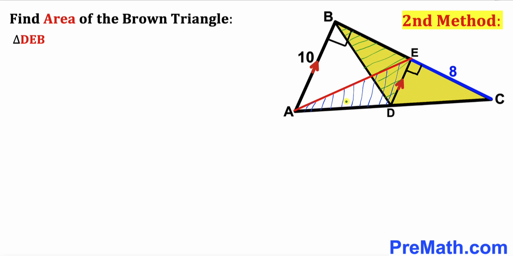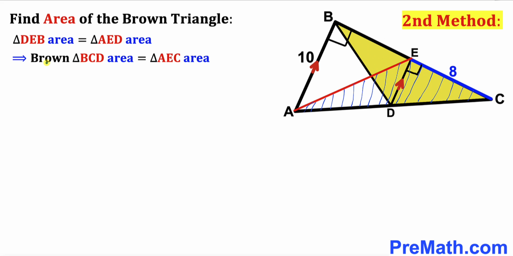And likewise, the height of this triangle AED is the same as the height of this other triangle. So we conclude that the area of this triangle DEB is going to be equal to the area of this triangle AED. So we conclude that the area of brown triangle BCD is going to be equal to the area of this shaded triangle AEC.